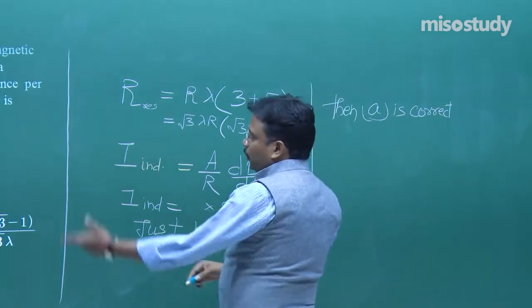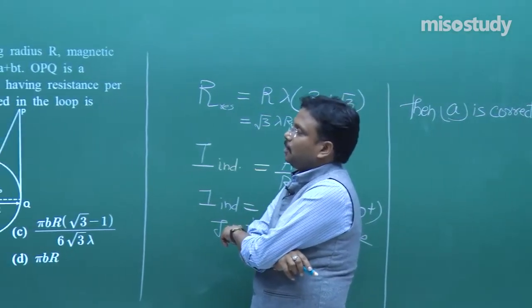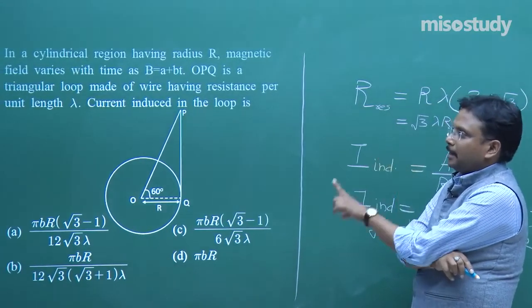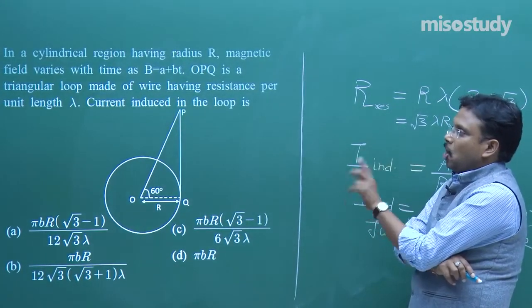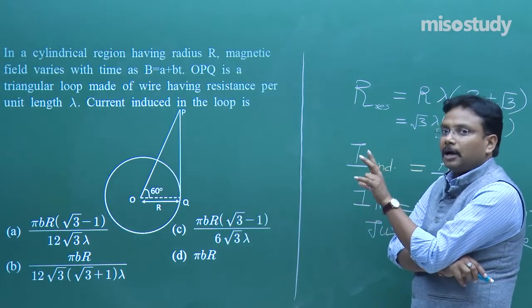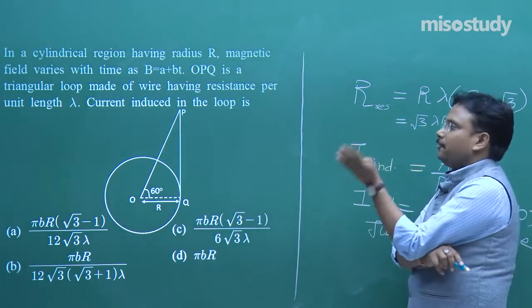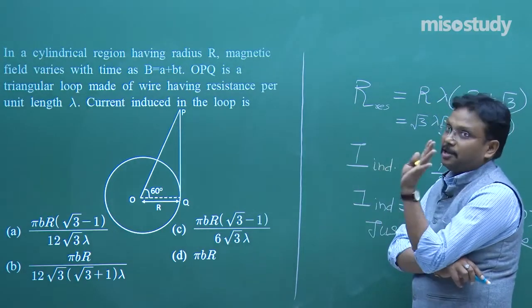You can visualize one thing by watching these questions, that yes, from this electromagnetic induction chapter, questions are not very difficult, but obviously some sort of integration, differentiation or calculation is required.